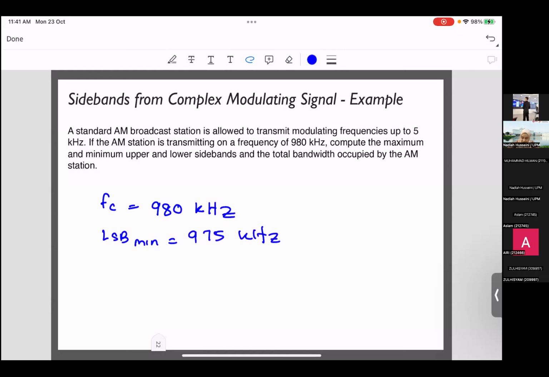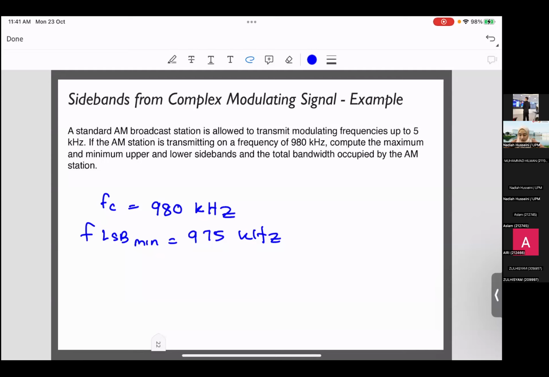But my question was, what is the minimum modulating frequency? Oh, modulating. I thought it was the minimum sideband. Sorry. Is it the 5 kilohertz? 10 kilohertz? No, actually it's not given. It doesn't tell us. So that was a trick question, by the way. Okay, thank you, Hilman.